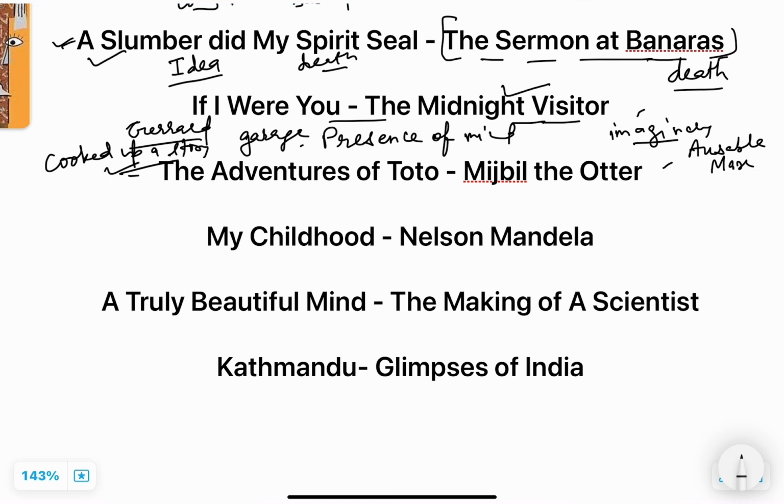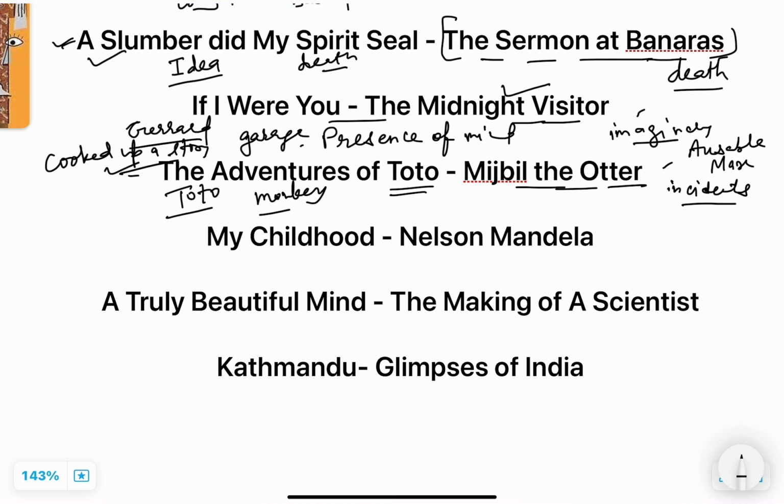Next is The Adventures of Toto. We read about Toto, a naughty monkey, and the different incidents related to this monkey. Apart from that, we read how grandfather got Toto from a Tonga driver. In the chapter Mijbil the Otter, we shall come to know about the otter and its adventures.